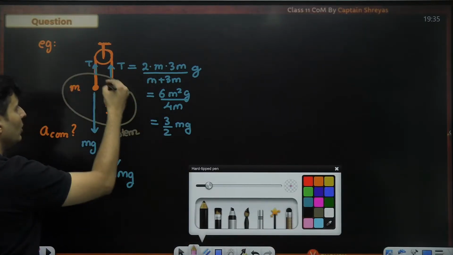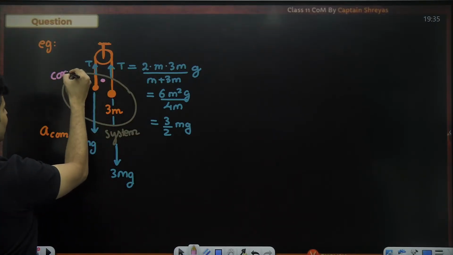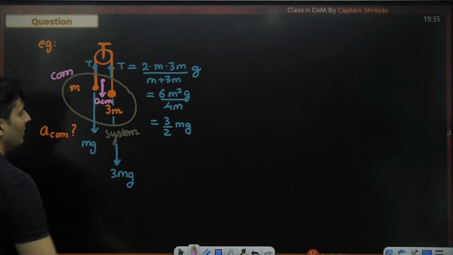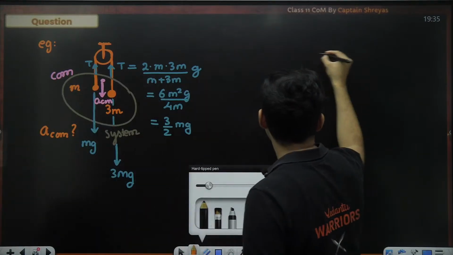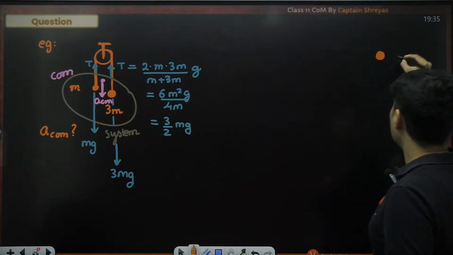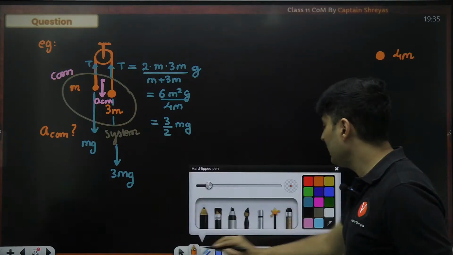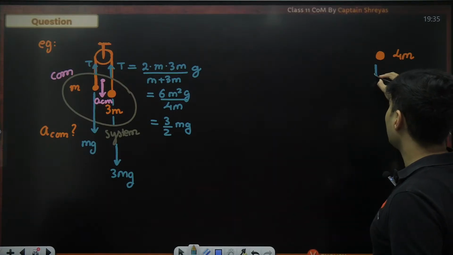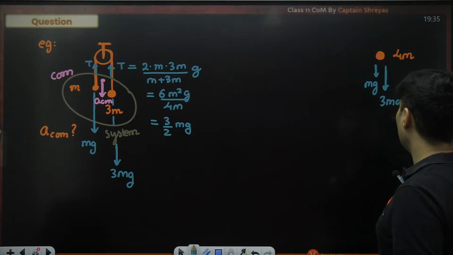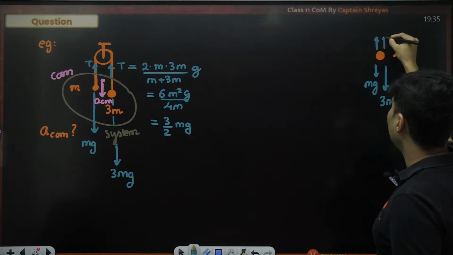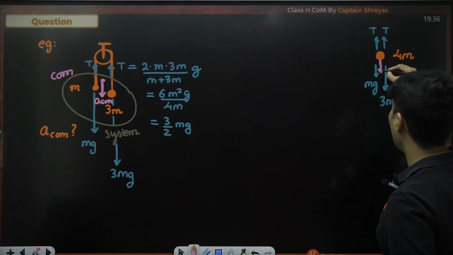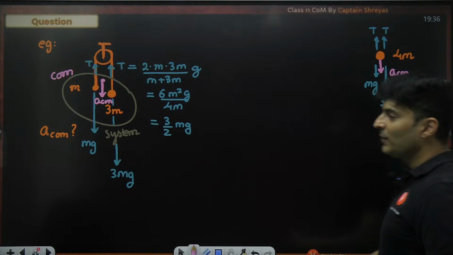Now, if you look at the center of mass, it will have some acceleration, which is ACM. Think of it like this: now you have a singular mass whose mass is basically 4m, and the forces on it are mg, 3mg, and T and T. As a result, this mass is going to accelerate with ACM.